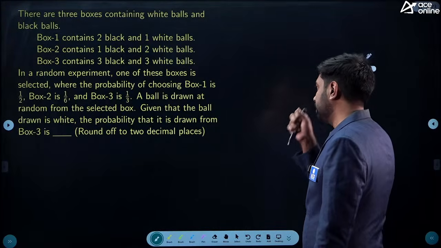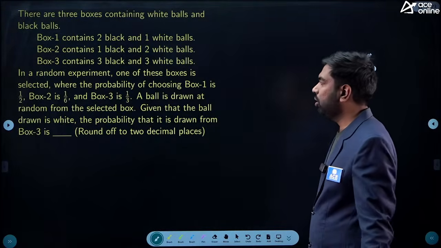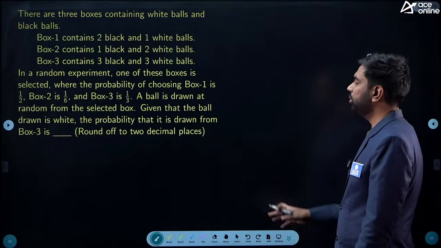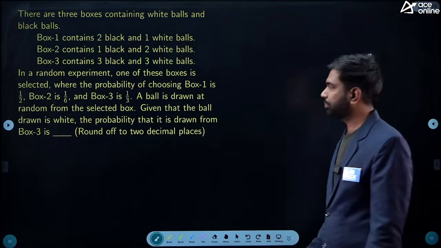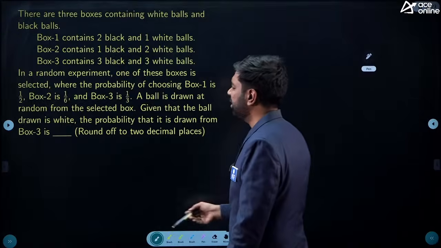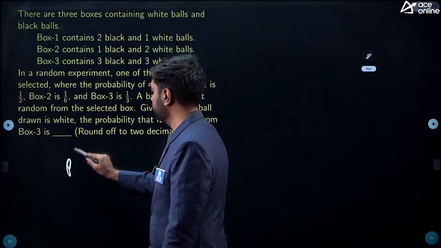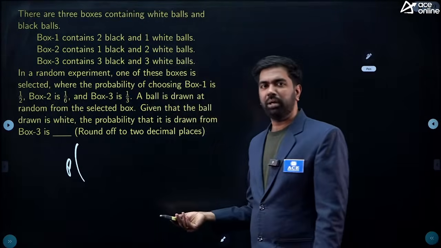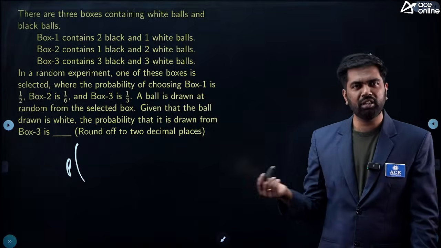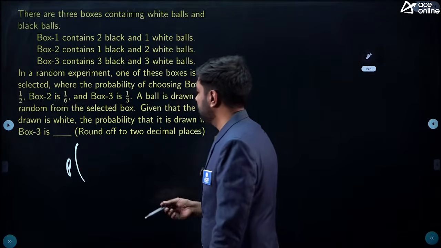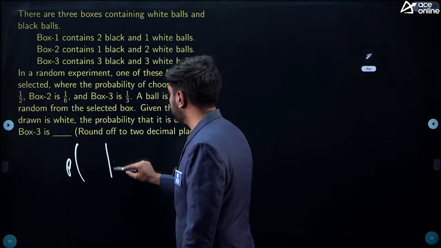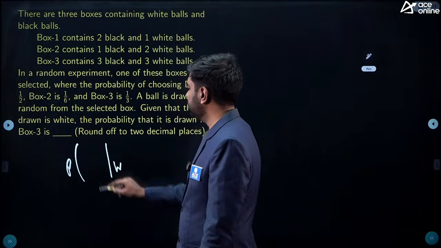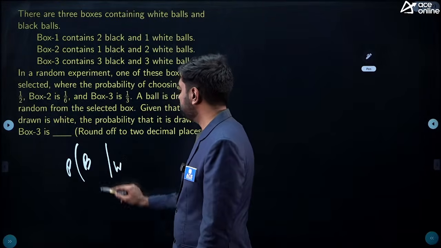So finally what they want: given that the ball drawn is white, the probability that it is drawn from box 3. So it's a one line answer, students. For those who practice conditional probability and Bayes rule properly, it's a one line answer. It's already given that the ball drawn is white. What is the probability that it came from box 3?